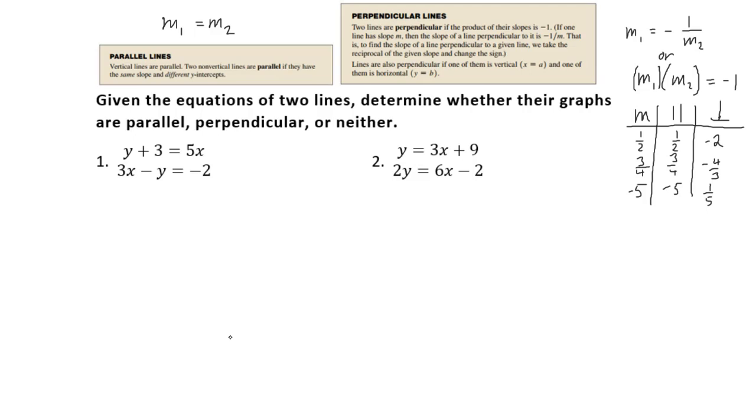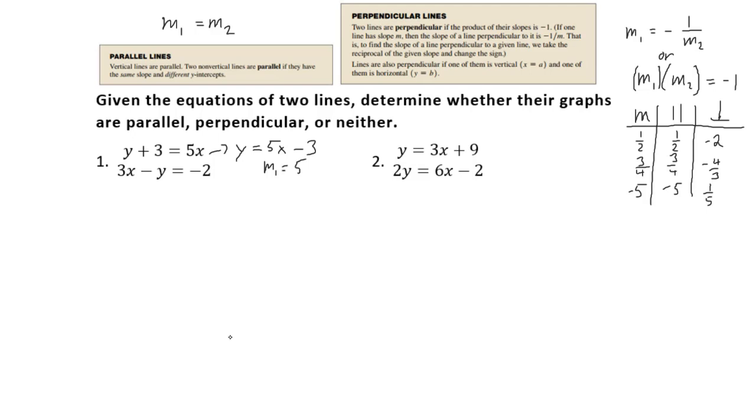All right, so let's look at this equation. If I rewrite that in slope-intercept form, I get y equals, move the 5x over, move that 3 over, so we get y equals 5x minus 3. And so you can see the slope of the first one is 5.